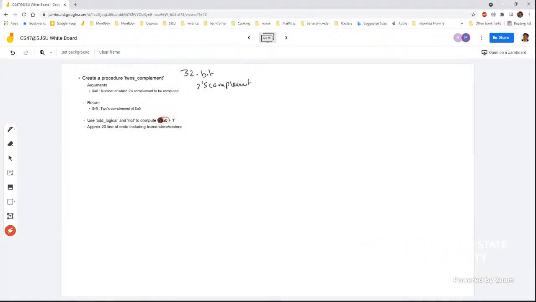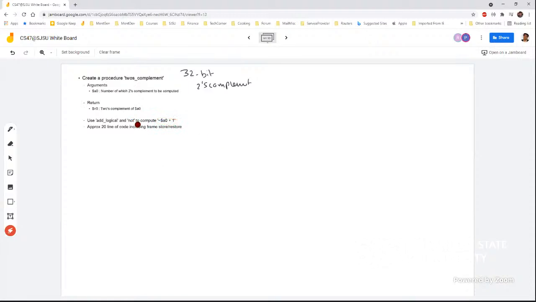So you need to use that instruction to invert the bit pattern. And then for the addition, call your add logical from here. So don't use an add function or addi function in any case. Use the add logical.